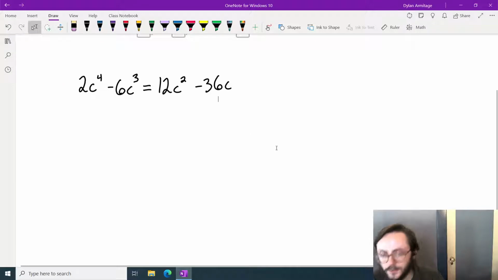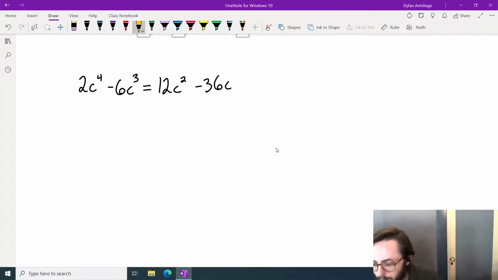In order to solve this, first thing, we need everything on one side to make it easiest. And by one side, I mean one side of the equal sign. So let's move everything over to the left. So we're going to subtract 12c squared and add 36c to both sides.